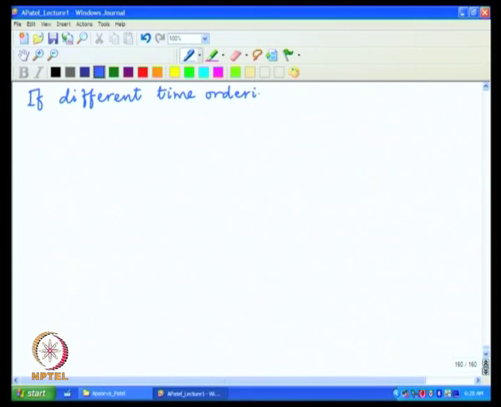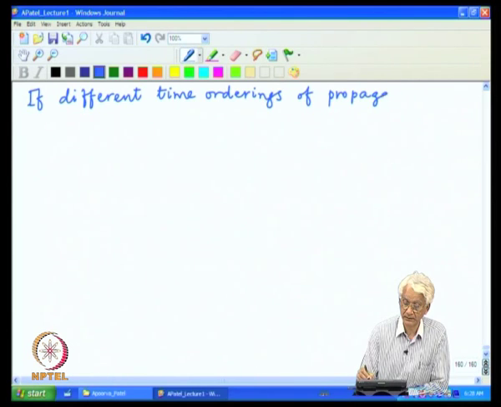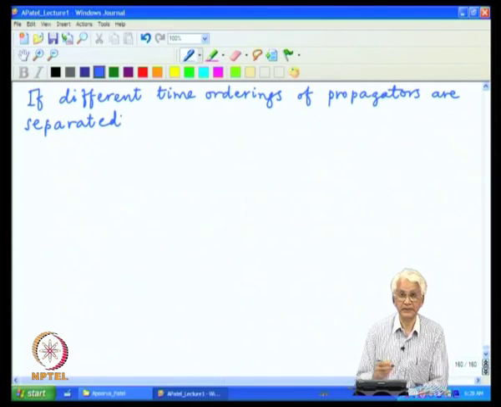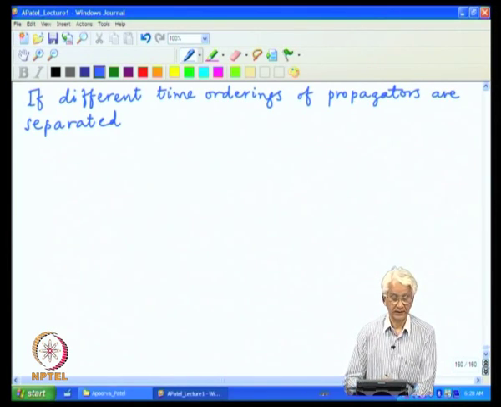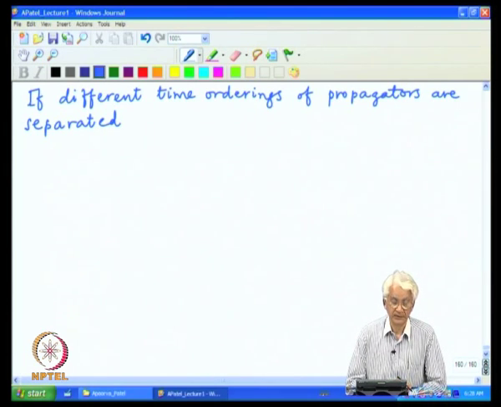If different time orderings of are separated, we did the reverse in combining the step functions into a single description with I epsilon prescription and so on.